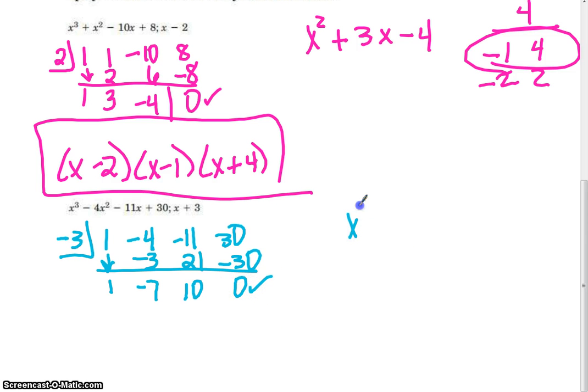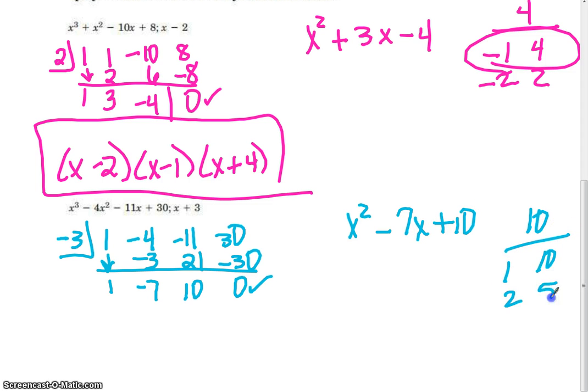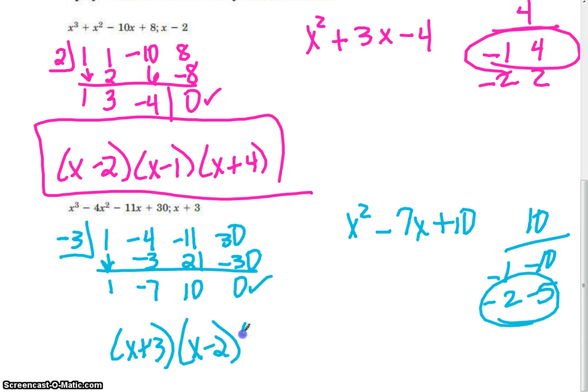So that gives me x squared minus 7x plus 10. Factors of 10: 1 and 10, 2 and 5. Signs are the same. They are all negative, and they need to equal negative 7. So yes, x plus 3 was a factor. And now we also know x minus 2 and x minus 5 will be factors.